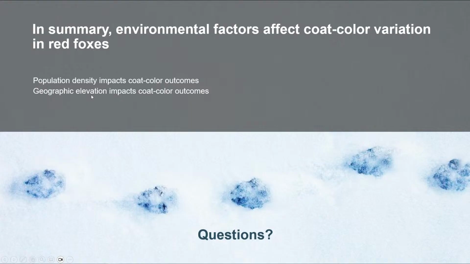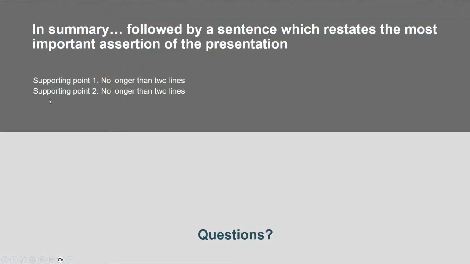Geographical elevation. So my guess was not so bad. It's geographical elevation, not temperature per se, that impacts coat color outcome. If you are at high elevation versus low elevation, that will impact your coat color outcome. So you see, this is the main take home message, and these are supporting points 1 and 2.